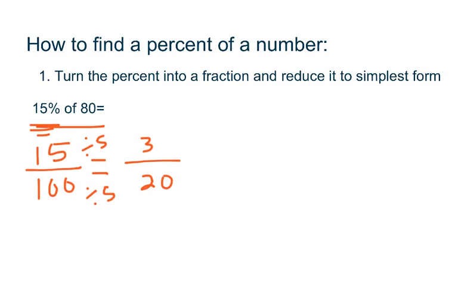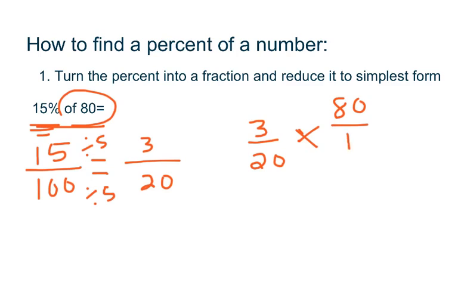So now the next thing I'm going to do is take the fraction and say 3/20 of 80. So I'm going to multiply 3/20 times 80. 80 will be over 1 because 80 is a whole number.